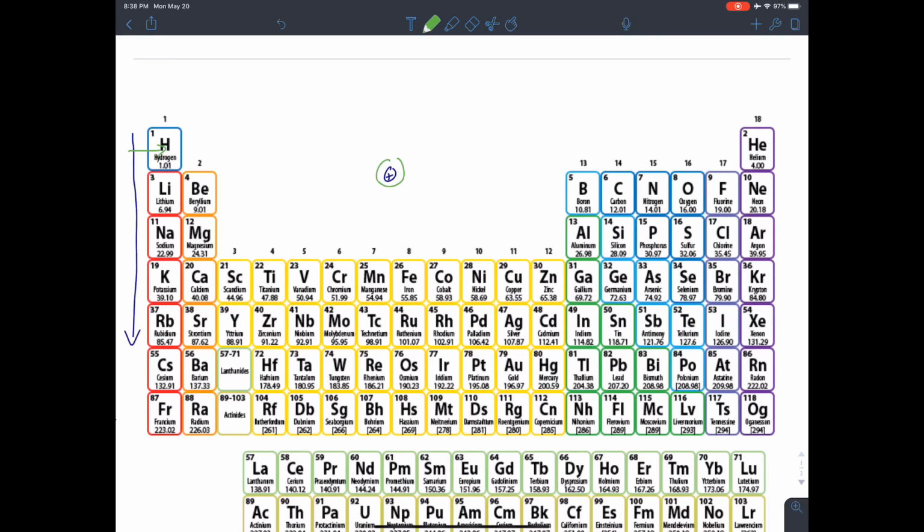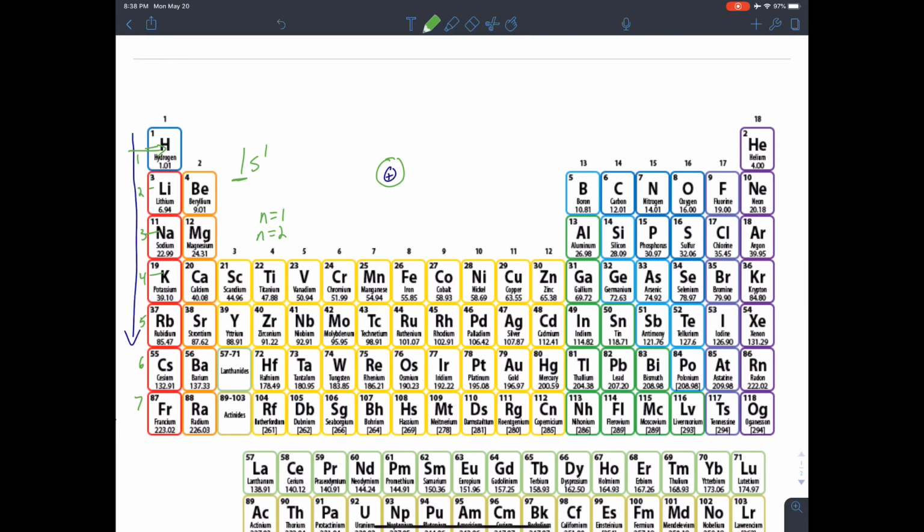The period number, 1 through 7, equals the energy level. For period 1, n equals 1, n being the energy level. For period 2, n equals 2. We see that in electron configuration, because the number out front is the energy level: 1s, 2s, 3s, 4s, and so on.